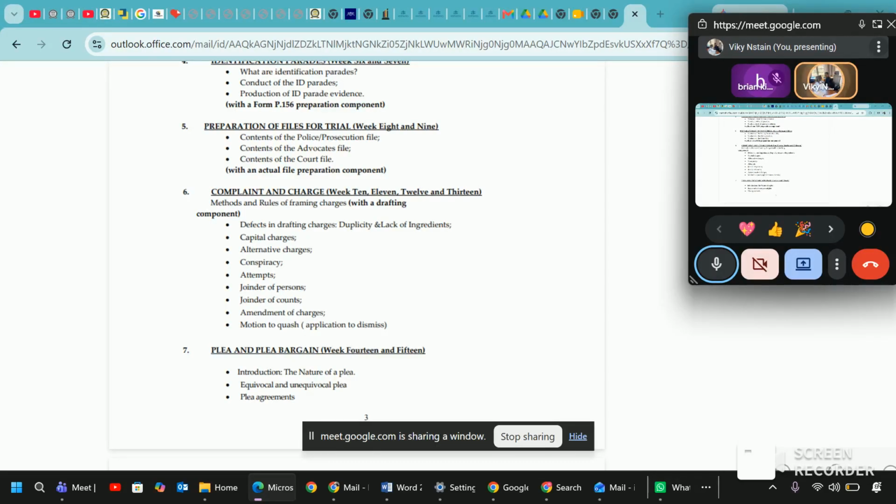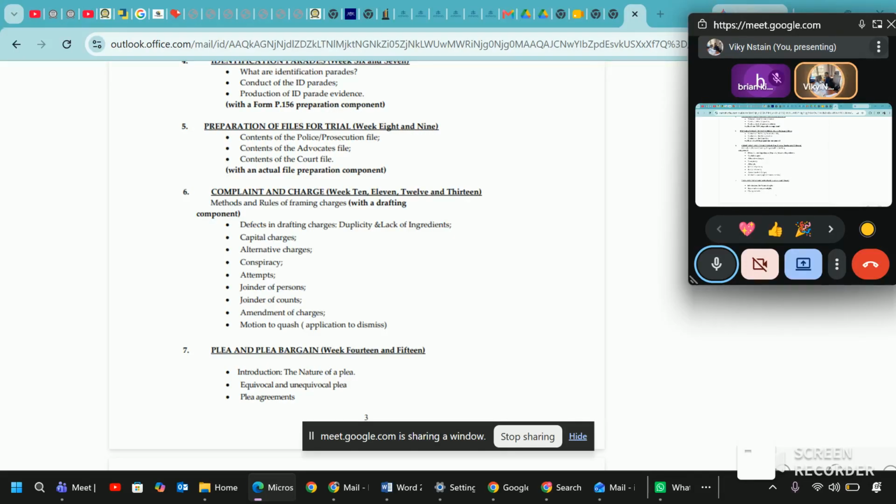Duplicity, or two offenses in one count, is fatal because it's unclear what exactly the accused must answer and what conviction rests on. There are some decisions that have spoken on this issue, like the case of Shikuku versus Republic 2010, where the court found that the charge sheet was fatally defective for duplicity, as it charged burglary and stealing in the alternative in one count, contrary to section 135(2) of the CPC.